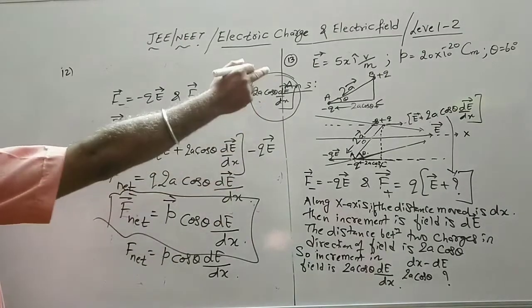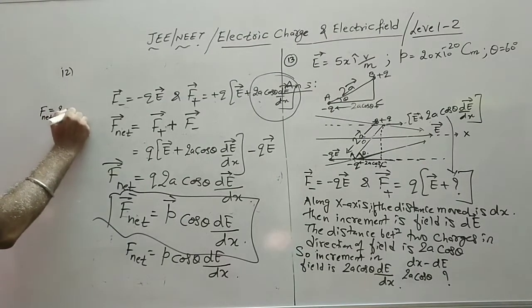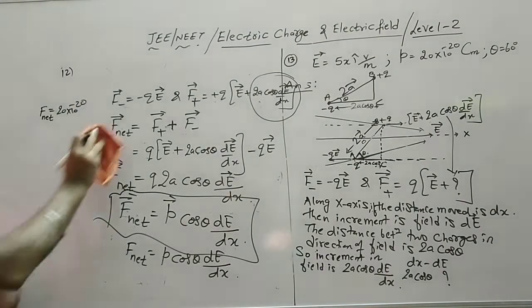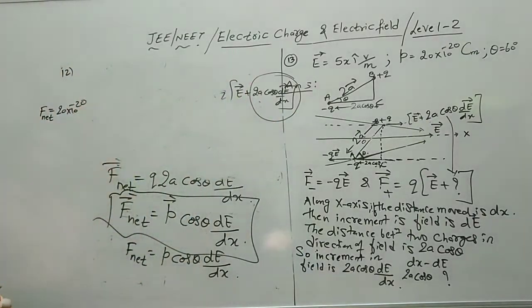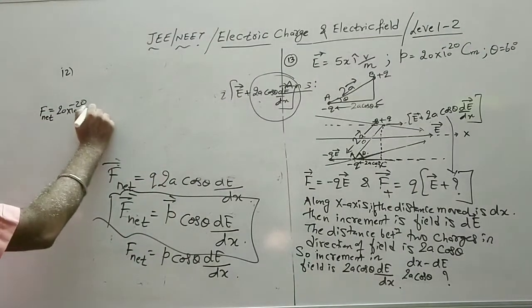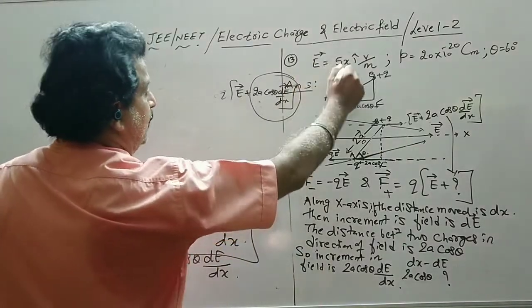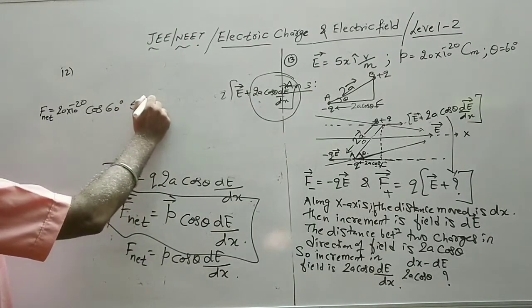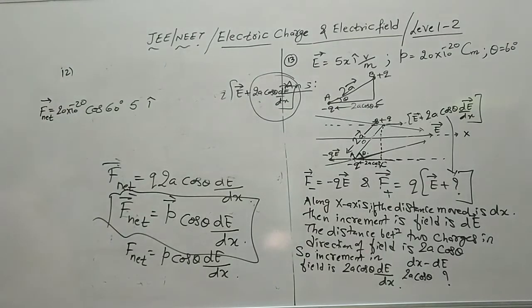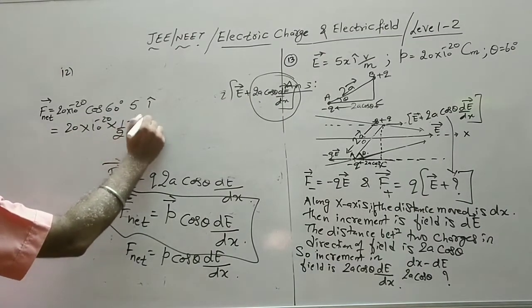So P cos theta, P is given, so F net is equal to 20 into 10 raised to minus 20, that is the dipole moment, cos 60, and dE by dx, the derivative of E with respect to x, comes out to be 5, and if I want to write the direction, then I put i, so 5i. So this is equal to 20 into 10 raised to minus 20 into cos 60, half, into 5.